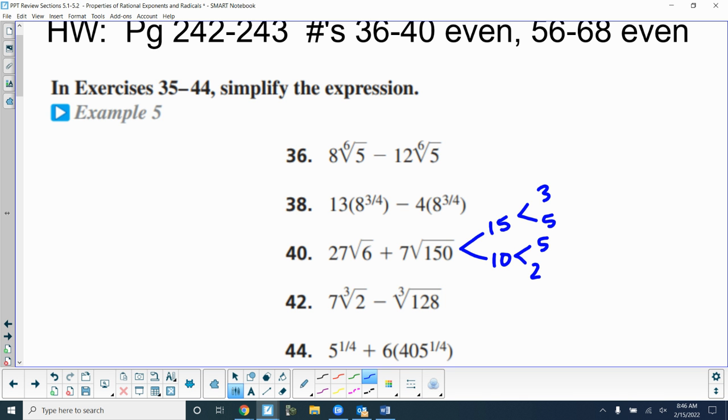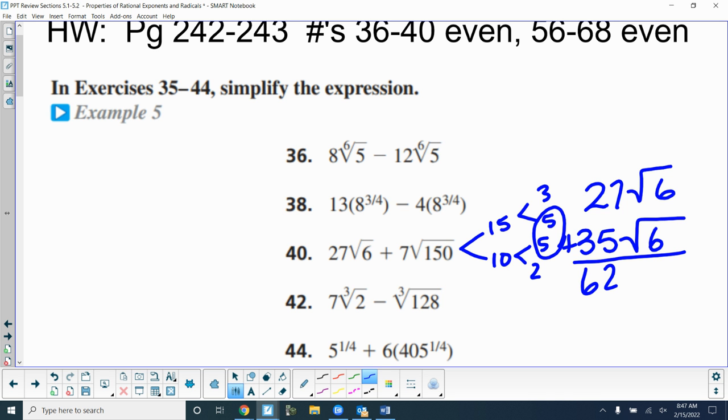So since it's square root, I'm just looking for a pair, right? Of 5. So for that pair of 5s, I pull it out, but there was already a 7 there. So I do that 7 and the 5. Multiply. So that's 35. Square root of what was left? 3 and 2. I multiply those. So I got a 27 radical 6 plus 35, and that's a 62 radical 6.